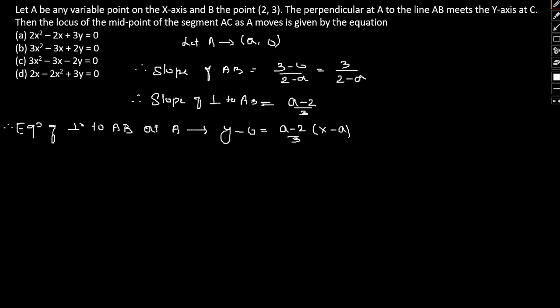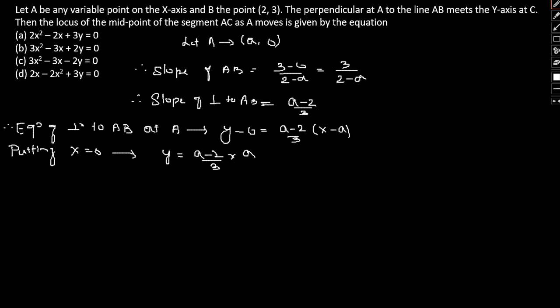So since the x-coordinate is 0, putting x equal to 0, we have y equal to ((a minus 2) by 3) into (minus a). So this we get as y.